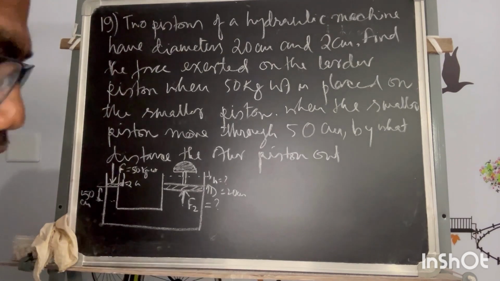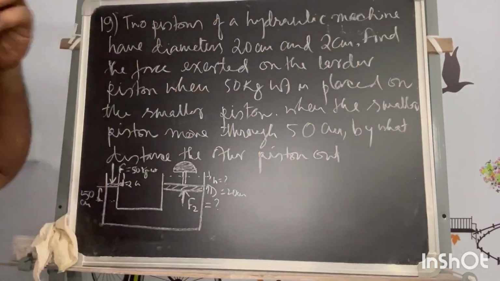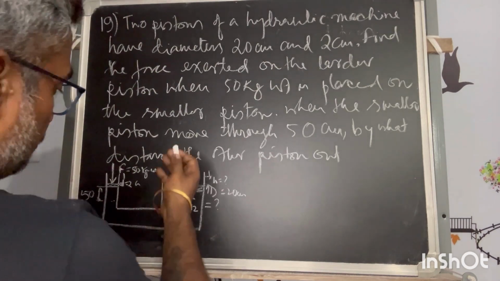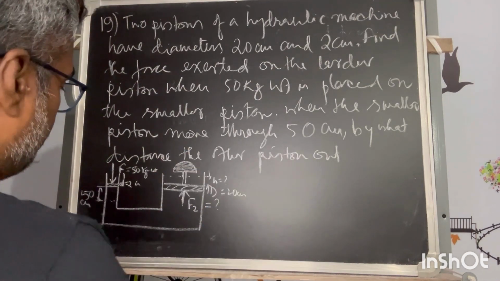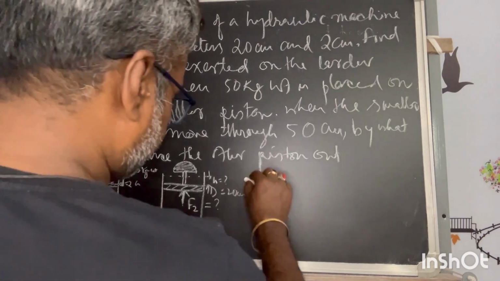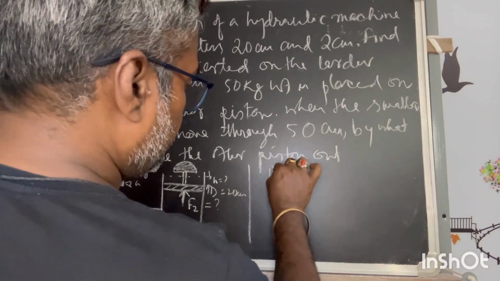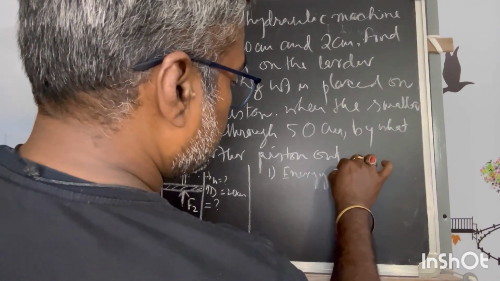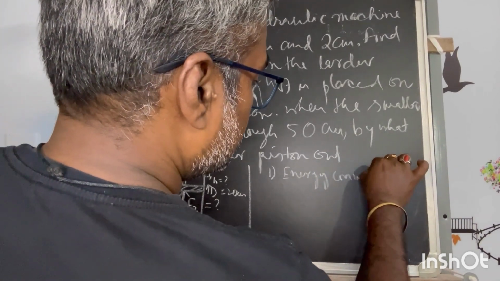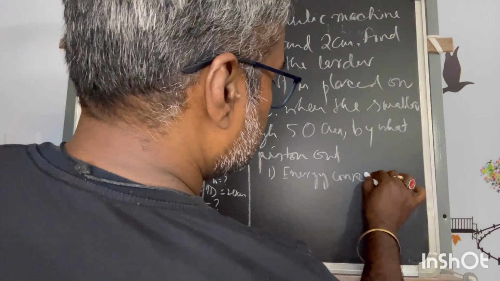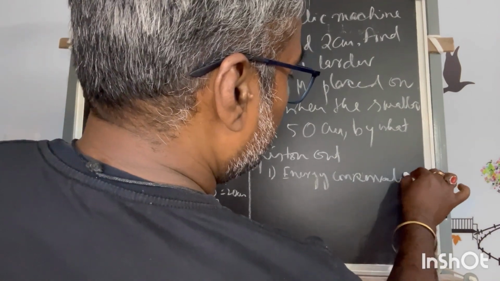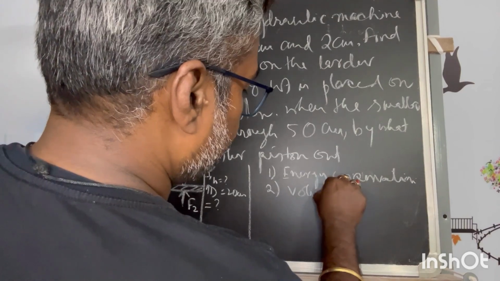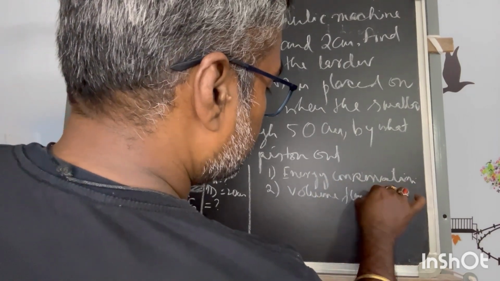So there are two things to be calculated. One is the force exerted on the load arm, the piston. As you know, there are two principles: energy conservation, that means energy is being conserved, and second is volume flow rate conservation.